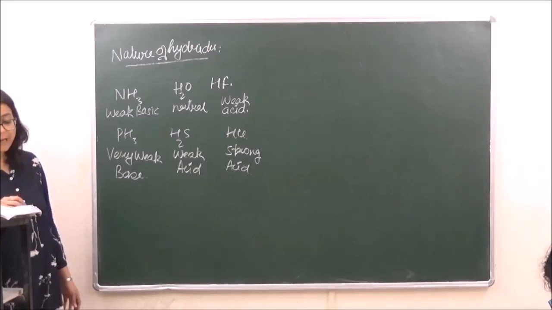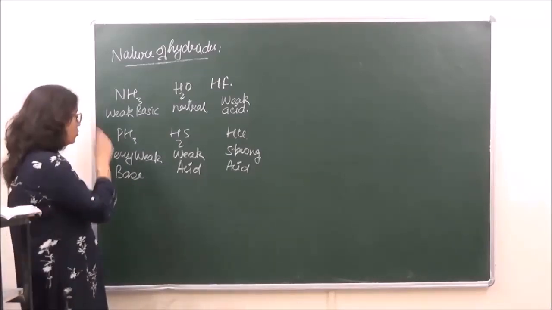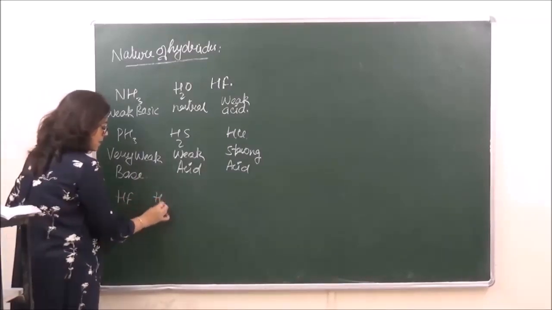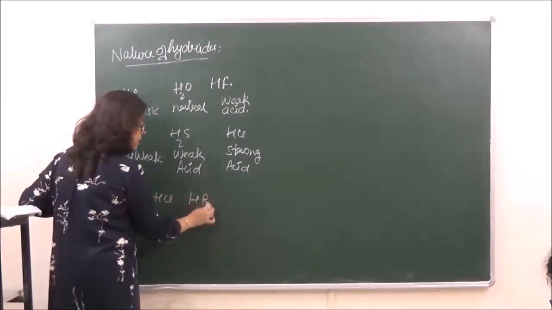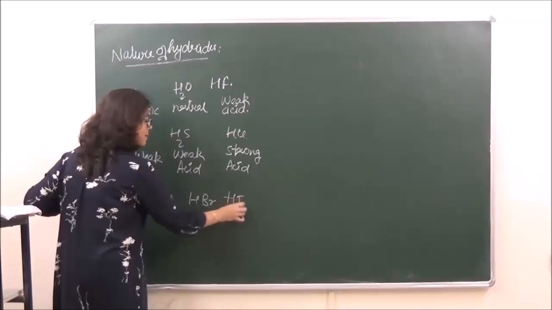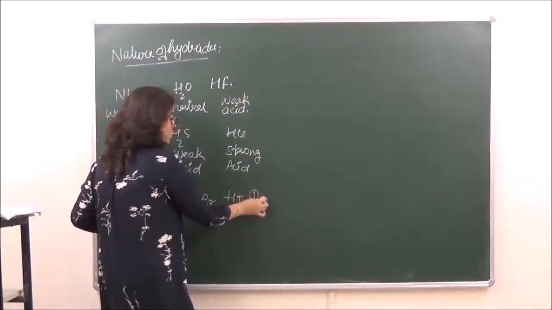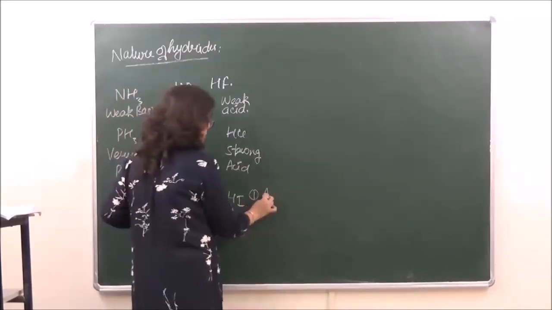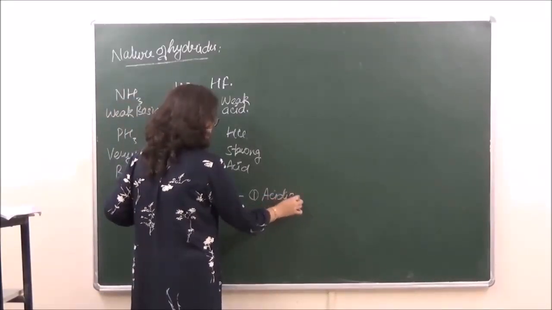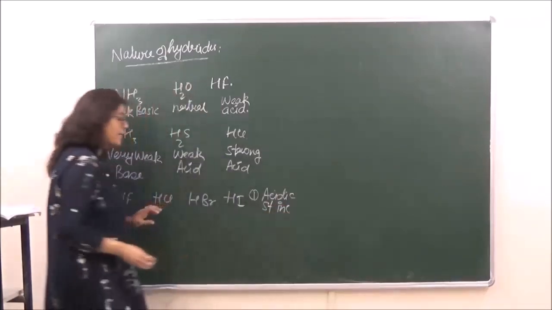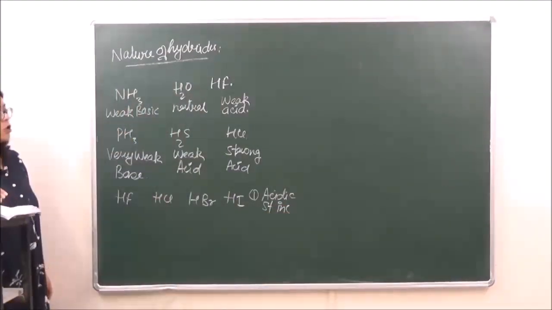So we're talking of halogen acids alone. Halogen acids would be what? HF, HCl, HBr, HI. ठीक है? In this case, the acidic strength increases. So HI is going to be the strongest acid amongst all of these.